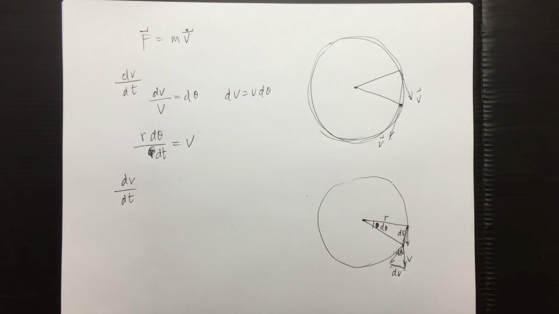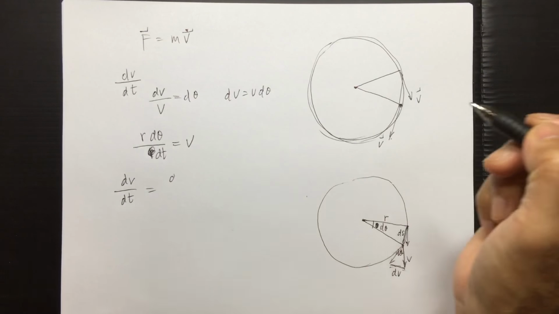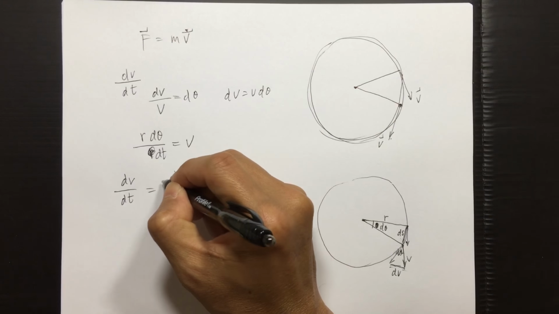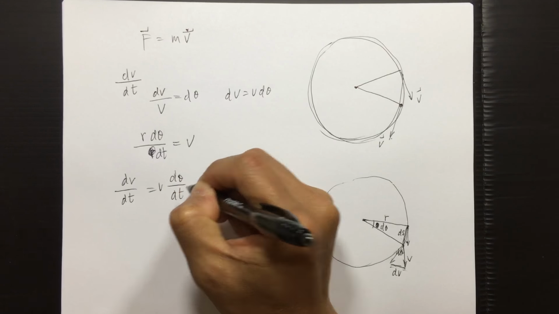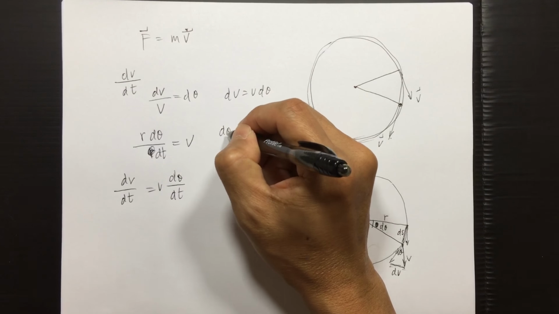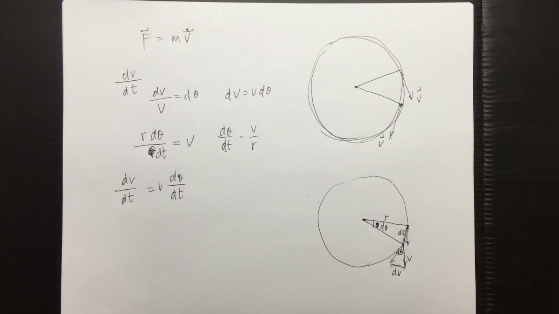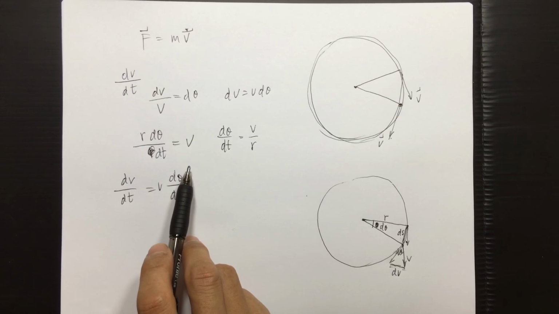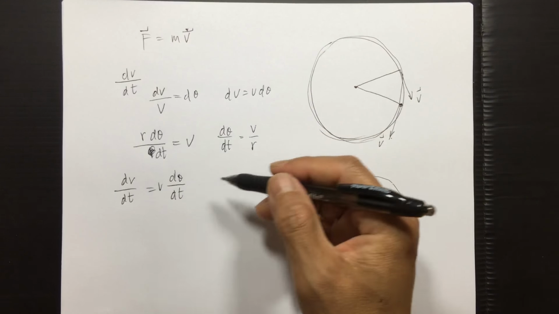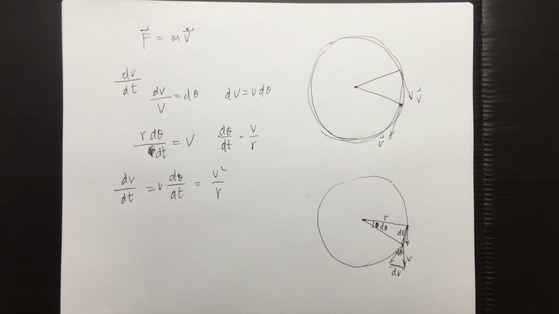So it's v d theta/dt. Now this d theta/dt is v divided by r. I just divide this down. Now I put this in: v squared divided by r. You watching this?